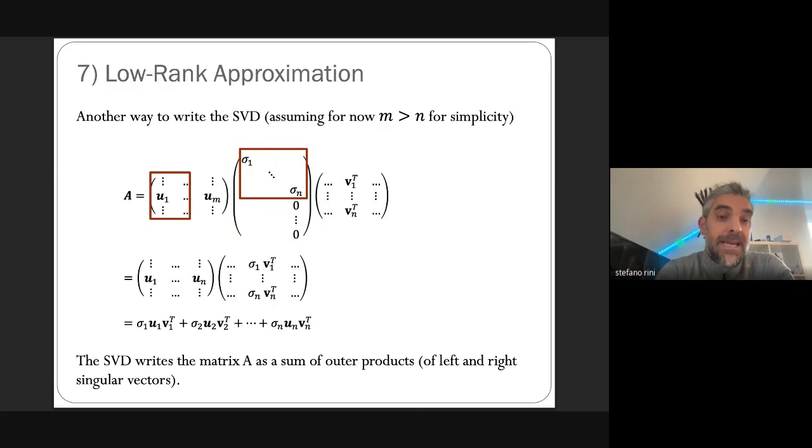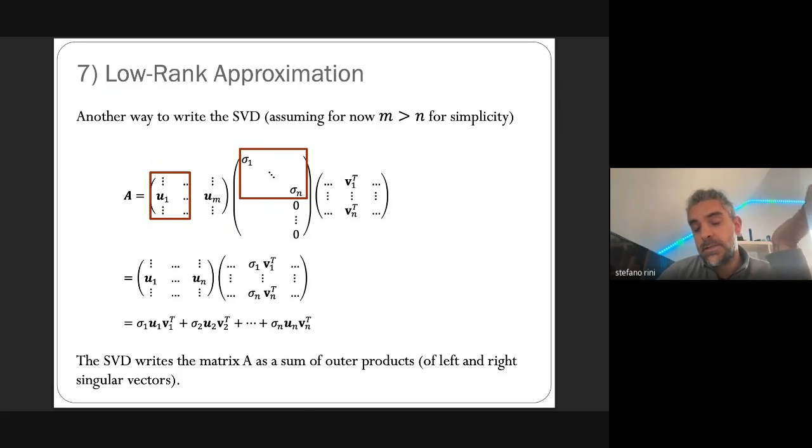So another trick that we can do with SVD, which actually is the beautiful application of SVD that we all love, is as follows. We can represent the matrix as outer products of the left singular vectors and the right singular vectors scaled by their singular values. Now we order these from the largest to the smallest.